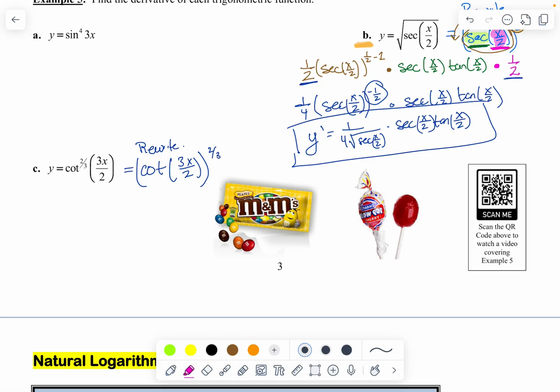So if you think of all the parts of the function, think of plugging in a value for this x. The first thing you would do is plug it in here and do 3x divided by 2. The next thing you're going to do is take the cotangent of that answer. And the last thing you're going to do is raise it to that 2/3.